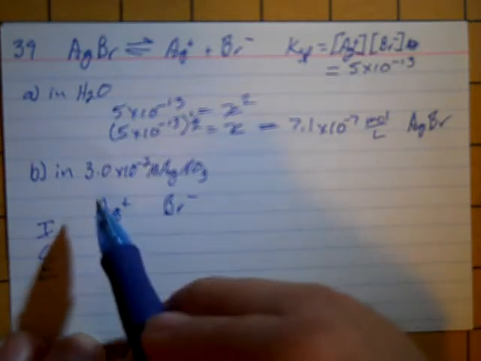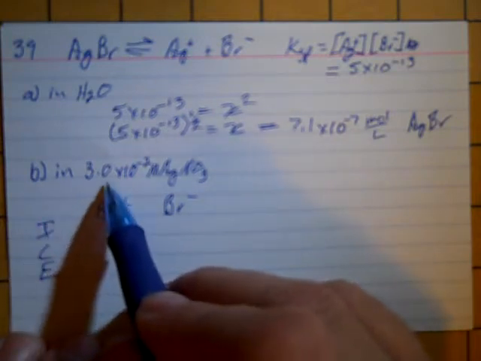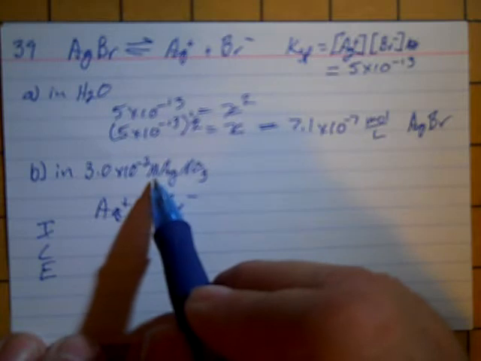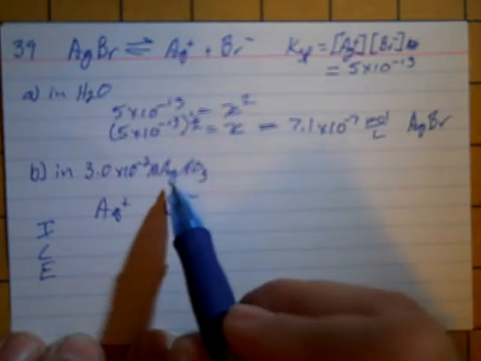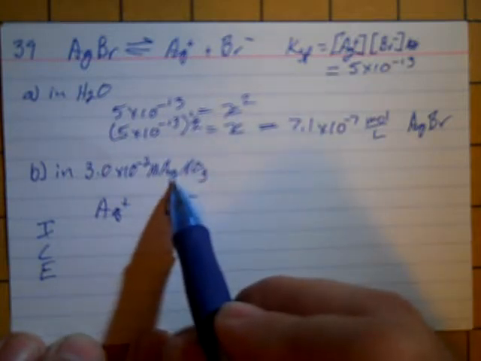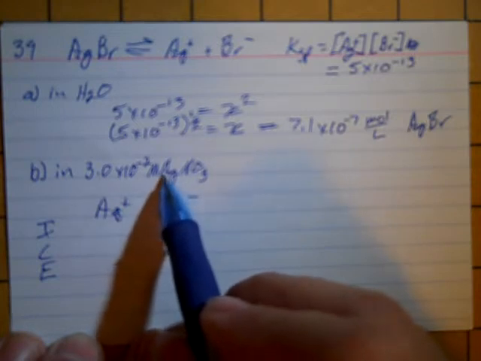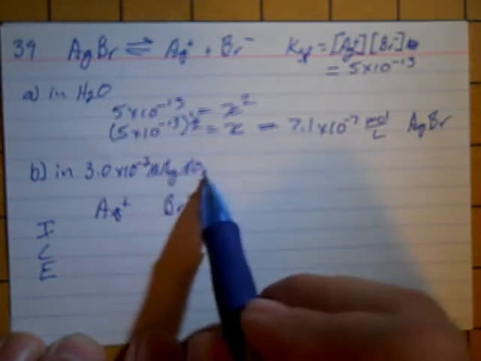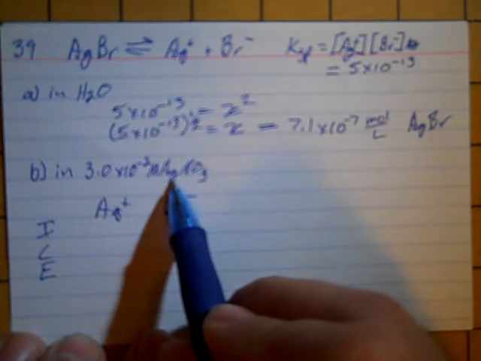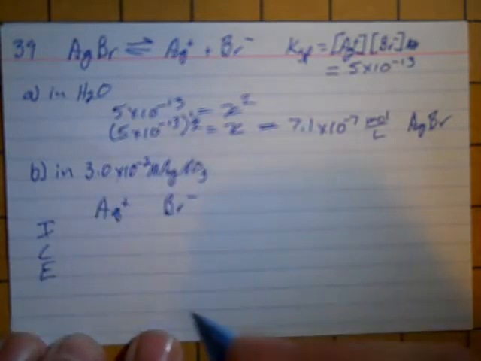Initially, this is in 3.0 times 10 to the minus 2 molar silver nitrate. That means there's going to be silver ions waiting for us. And because every single silver nitrate that divides up is going to give me one silver, I'm going to have the same concentration.